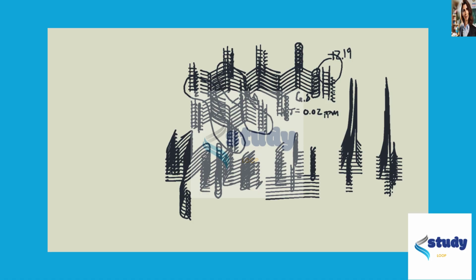If they told us that this is a 600 megahertz machine, we could, in fact, say that the value in hertz is simply going to be the splitting constant in ppm multiplied by the 600 megahertz that the machine is operating at, meaning that the J value in hertz is 12.